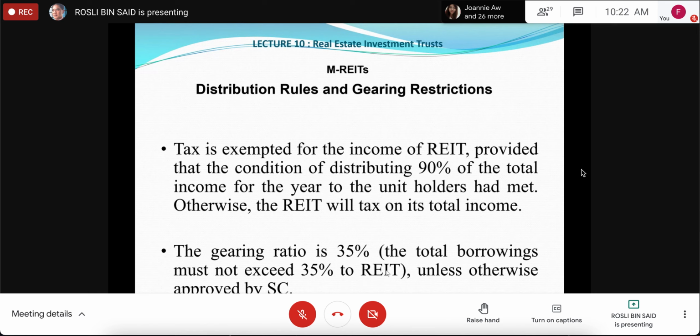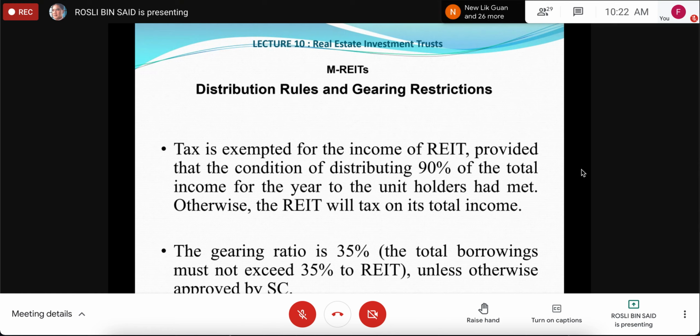So if a REIT company wants to borrow from a fund institution, the total borrowings must not exceed 35% of the total borrowed money that they have. So if they want to have more than that, they can approach the Securities Commission.